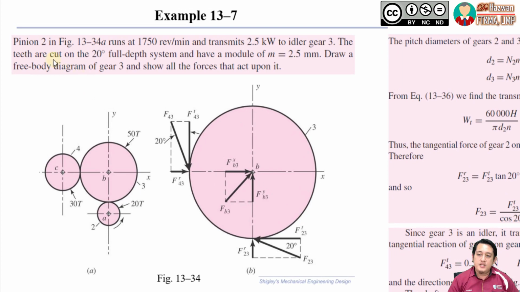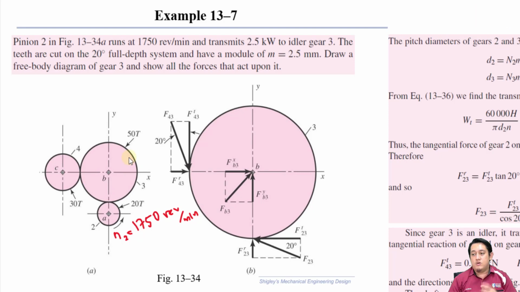Pinion 2 in figure 13-34a runs at 1750 rev per minute, so n2 equals 1750 rev per minute, and transmits 2.5 kilowatt to idler gear 3. The transmitted power here is 2.5 kilowatt.